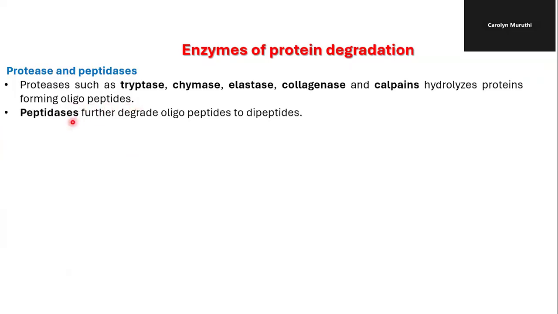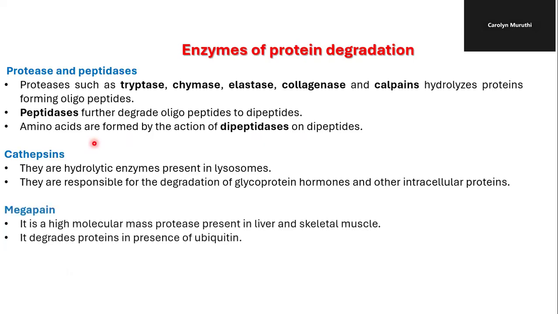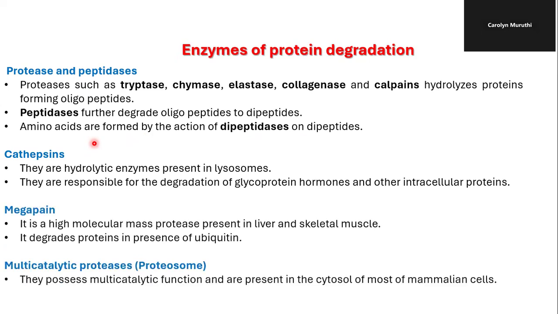Now, the oligopeptides will undergo further degradation by peptidases to give rise to dipeptides, which are then degraded further by the action of dipeptidases to give rise to amino acids. Other enzymes involved include the megapain. We also have the proteasome, as we have looked at, and they possess multi-catalytic function and are present in the cytosol of most mammalian cells.